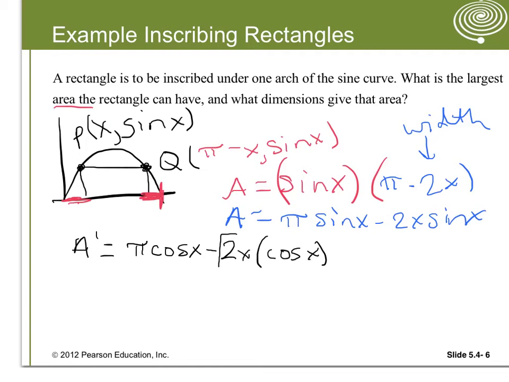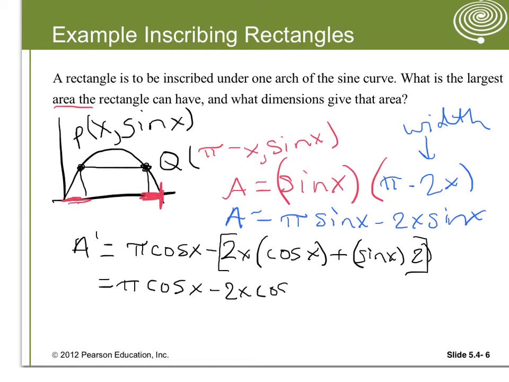We should put a bracket right there, plus now the second term, sine of x, times the derivative of the first, which is just 2. And then I close that with my bracket. Simplifying that a little bit, I get pi times the cosine of x minus 2x cosine of x plus 2 times the sine of x.